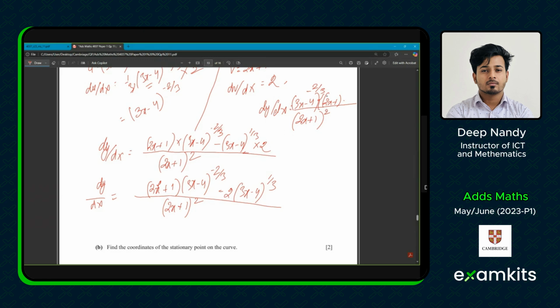So it's 2x plus 1 minus, now there's the same base, so the power gets divided. 1 by 3 divided by minus 2 by 3 equals to minus half. So here we're writing minus 2 times 3x minus 4 to the power minus half. I erase this one.